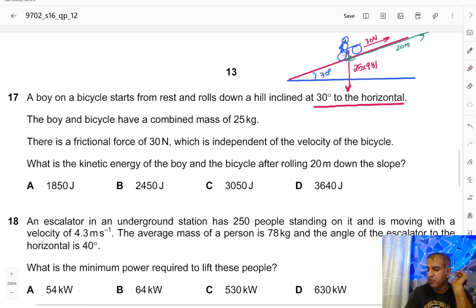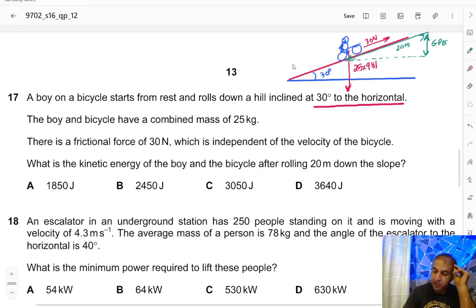So that means what we have to do is that we need to understand this thing. We definitely have a height decrease from this point to this point, right? That means this is the height decrease. So this would be GPE. The gravitational potential energy actually decreases, and it must have gone into the kinetic energy of this bicycle.